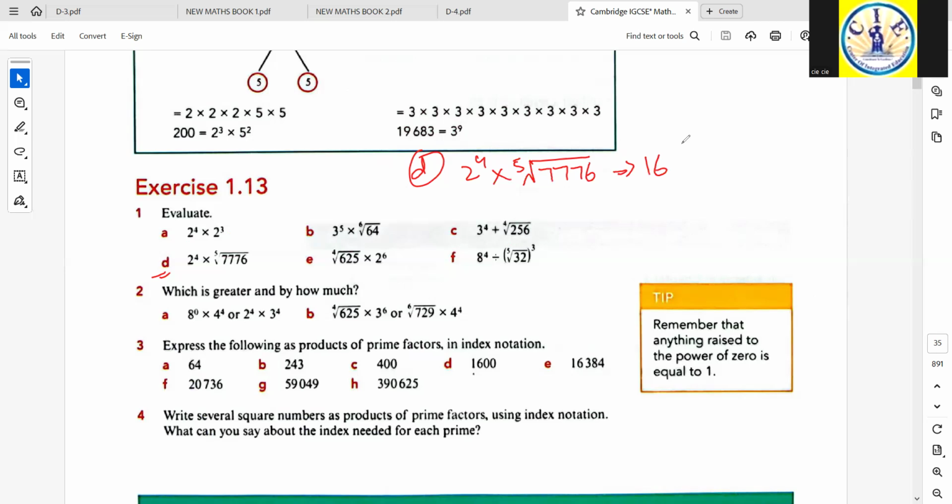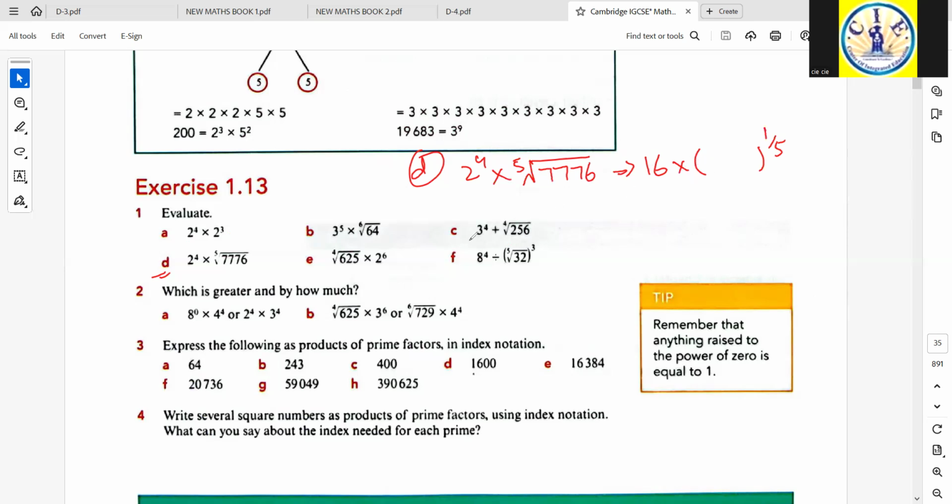So I can have the fifth root of something. Okay.